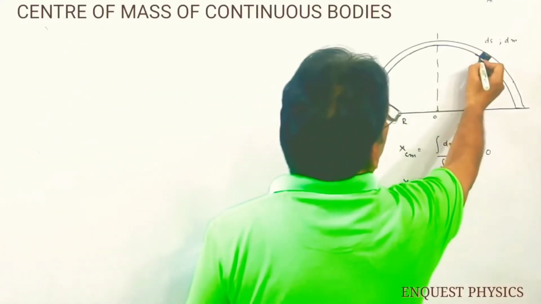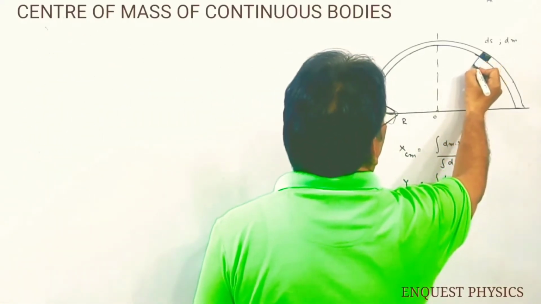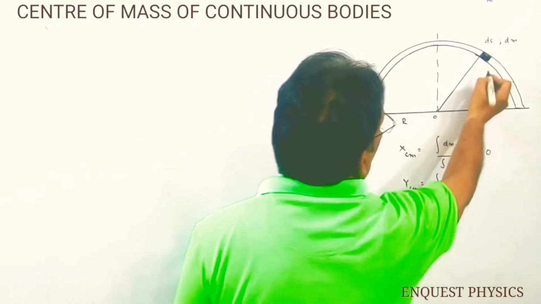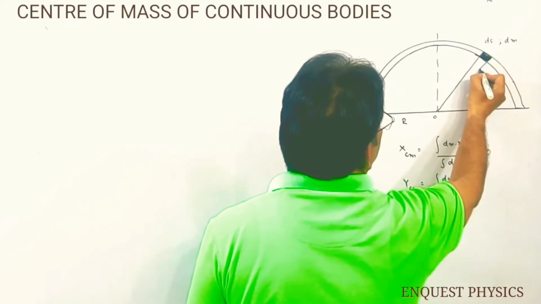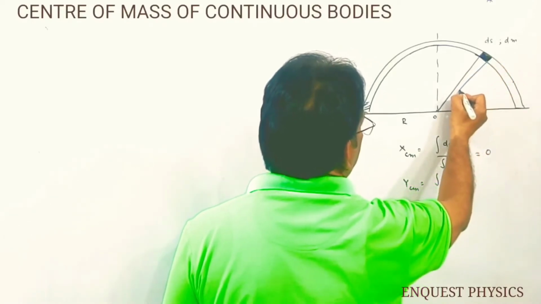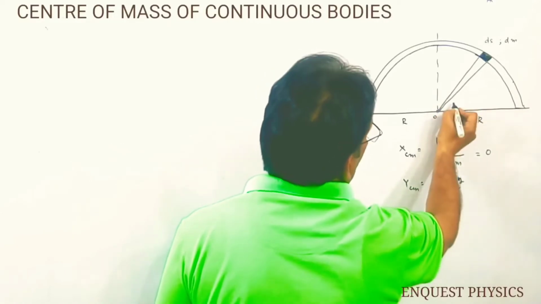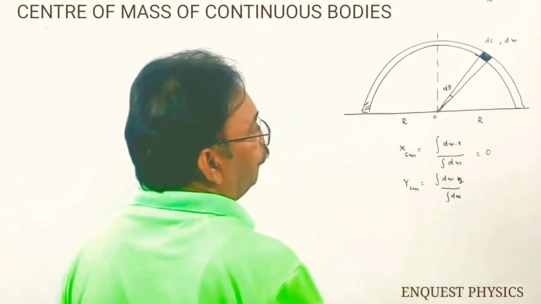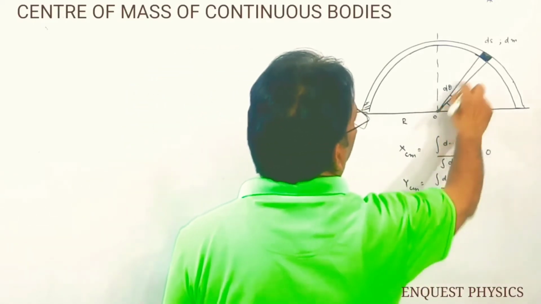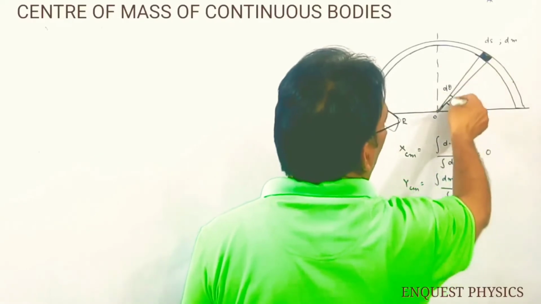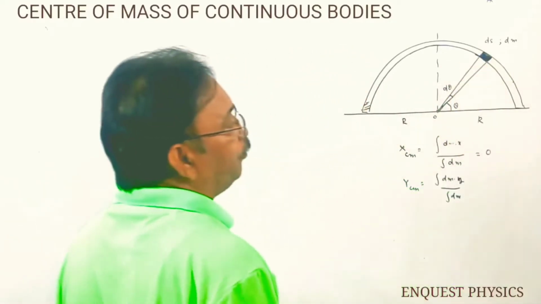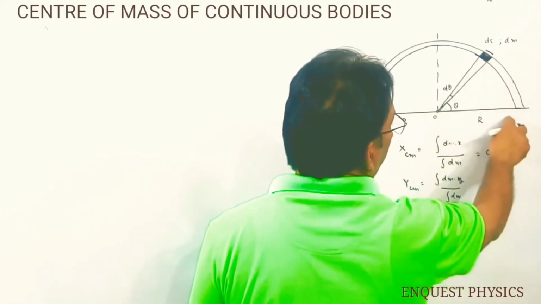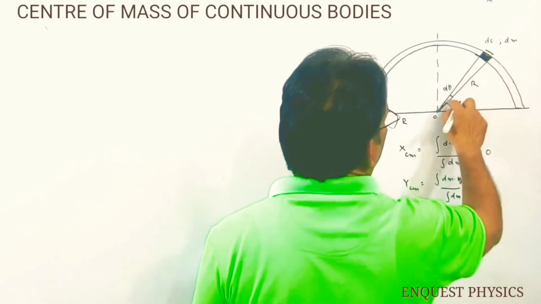And see this, I'm connecting the stretch with the center of the circle. We get this angle, we call it d theta. Actually it is very thin, almost these two are coinciding with each other. If you watch it carefully, we will get an arc here as ds. It is the radius, and obviously it is the radius.